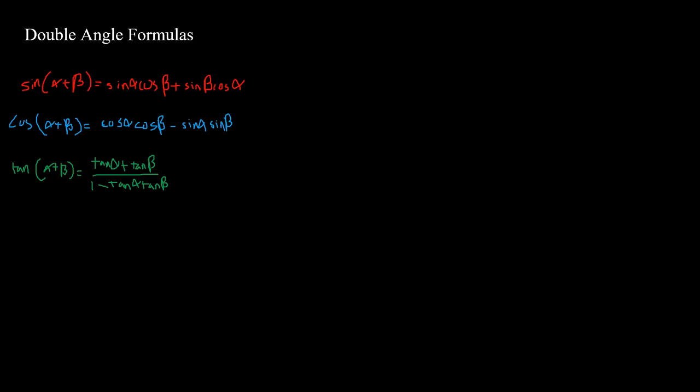So what if we were just adding the same angle? Let's say sine of theta plus theta. Well, that would just be the same as sine 2 theta, right? I'll write an equal sign here, sine 2 theta. So what would that be equal to?